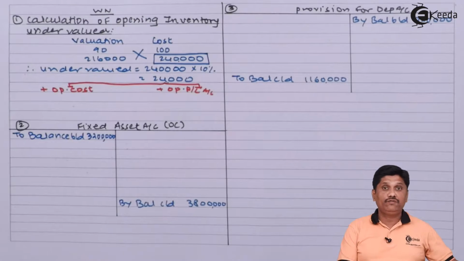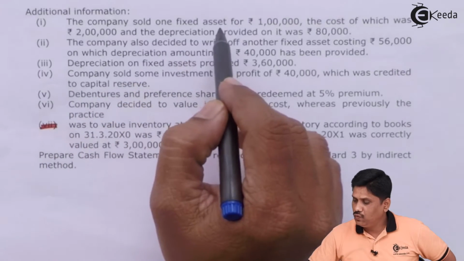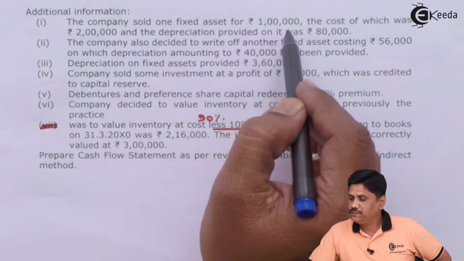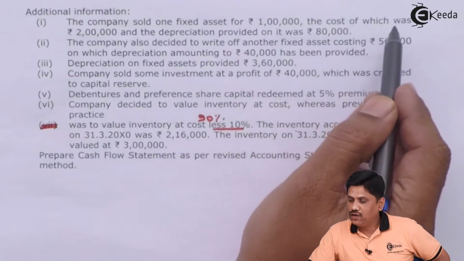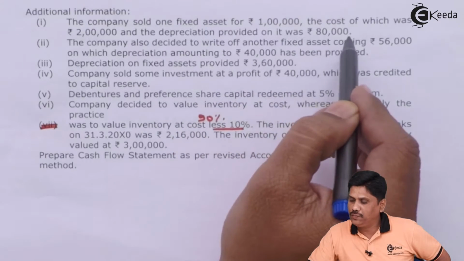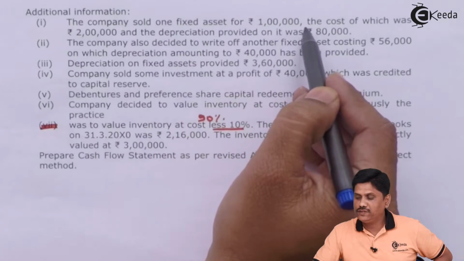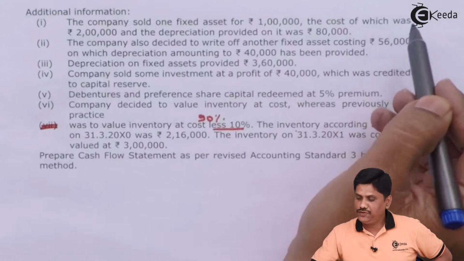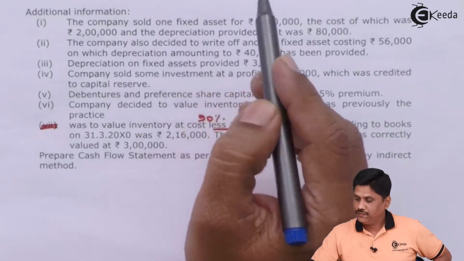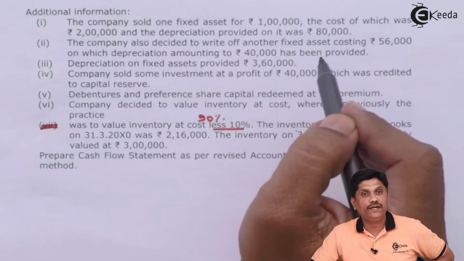Let us go ahead with the information. Question says that company sold one fixed asset for rupees 1 lakh, the cost of which was 2 lakhs and depreciation provided on it was rupees 80,000.